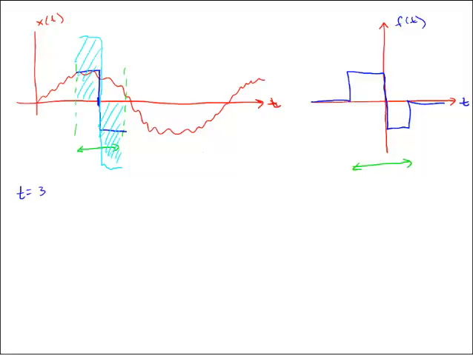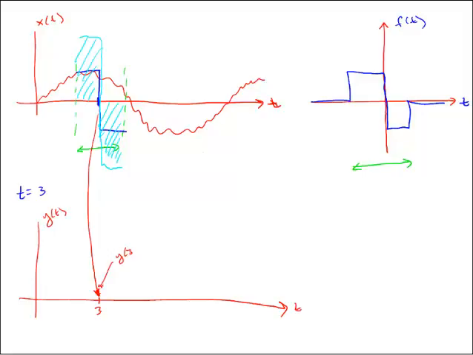And that gives you y of t. So this is pretty close to 0 again. Put y of t down there. Actually, maybe it's a little more than 0. So that's y of 3.